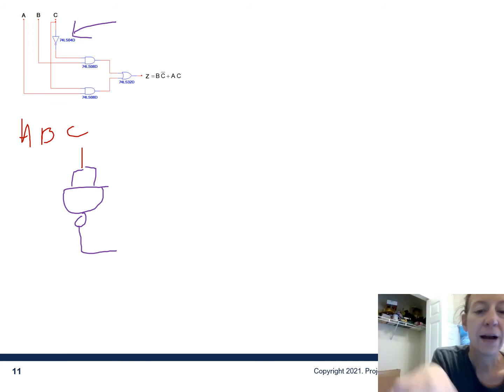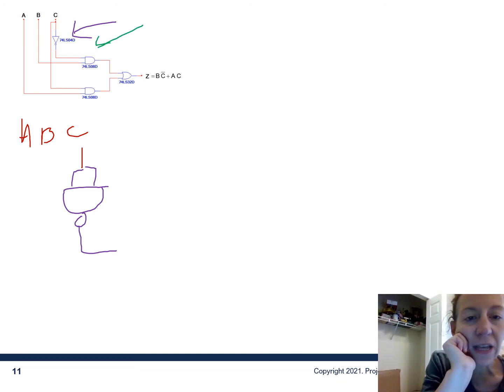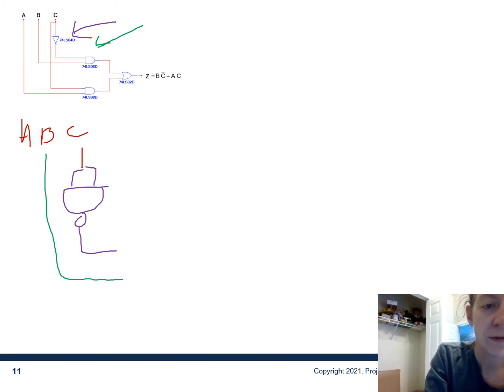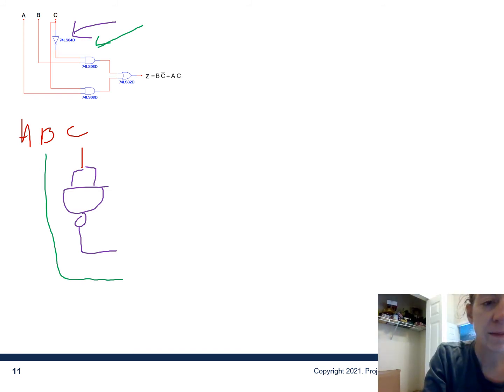Now I'm going to look at my 2 AND gates here. Okay, so this is going to be the output from the inverter with B. So here we go. And that AND gate is going to be NANDed together.